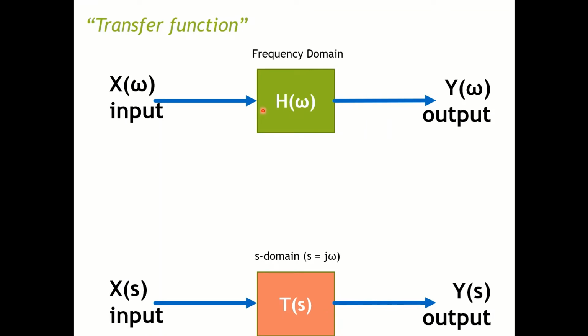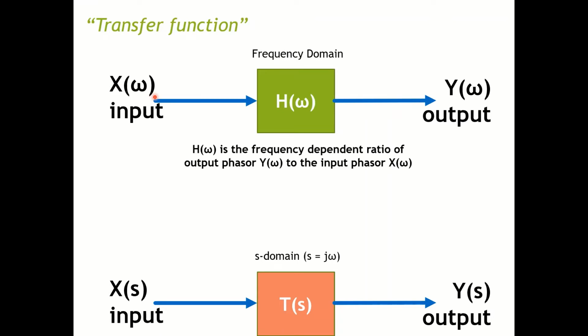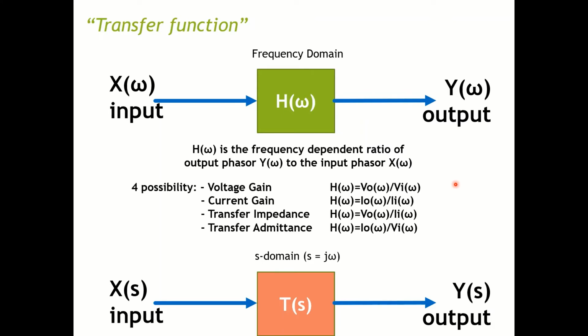Okay, so we go a little bit deeper in terms of transfer function. There are different ways to represent a transfer function. Previously we presented our transfer function in the s domain, right? You can also write your transfer function in the frequency domain as omega or as f. It's up to you. If H(omega) is a frequency dependent ratio of output phasor Y(omega) to the input phasor X(omega), we can have 4 different possibilities to present this transfer function H(omega).